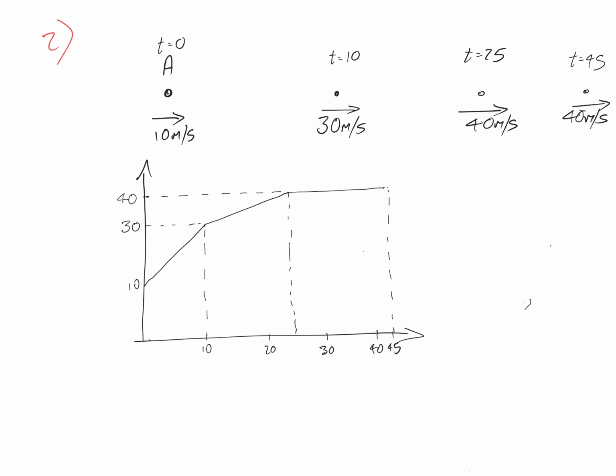Calculate the distance from A to B. So this is speed, this is time. So the area underneath is the distance. So this is part 1.